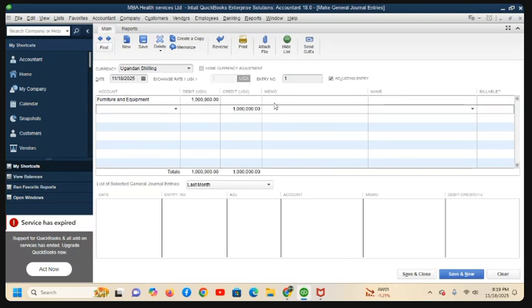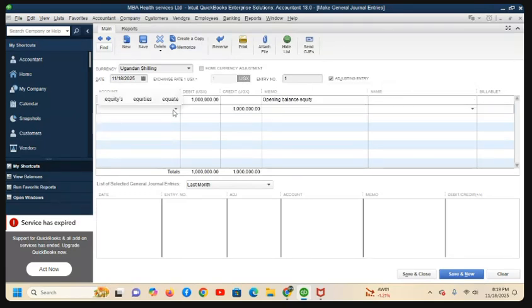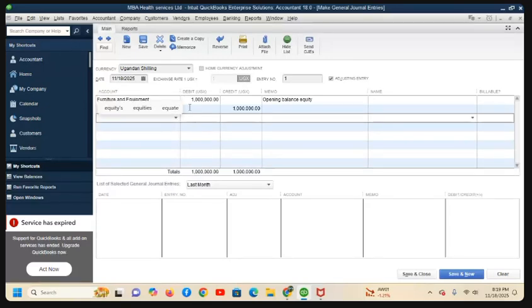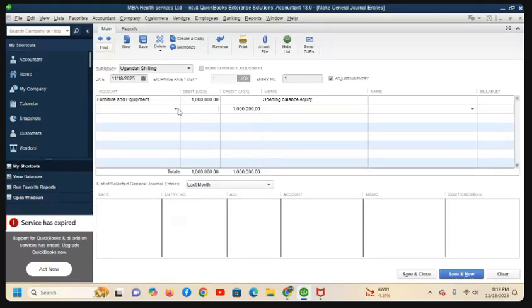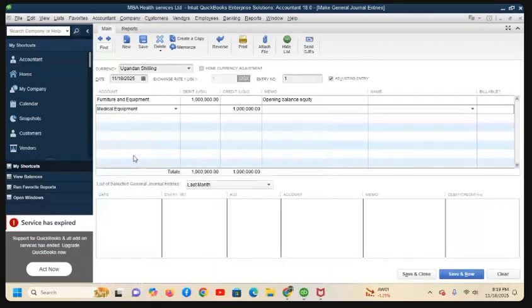Then I can put this one as opening balance equity. Then I go to another asset which I have, for example, the accumulated depreciation, the medical equipment. That is an asset.